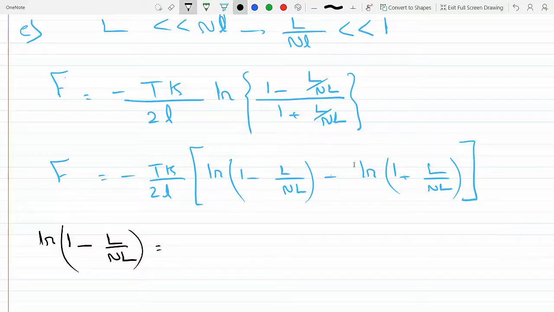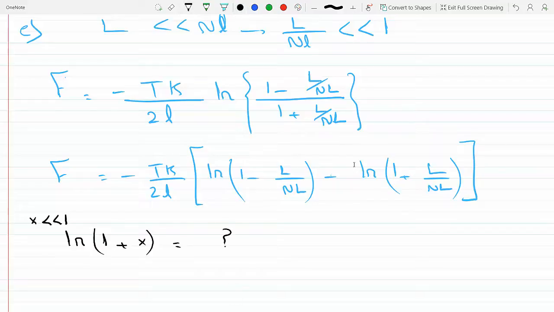We've already done that before, but I'm going to summarize here. Generally speaking, if I have ln of 1 plus x, where x is a lot less than 1, I could expand this in a Taylor series. So let's see what the expansion would be like.